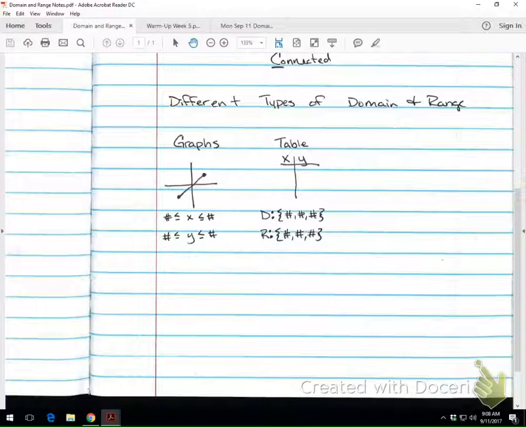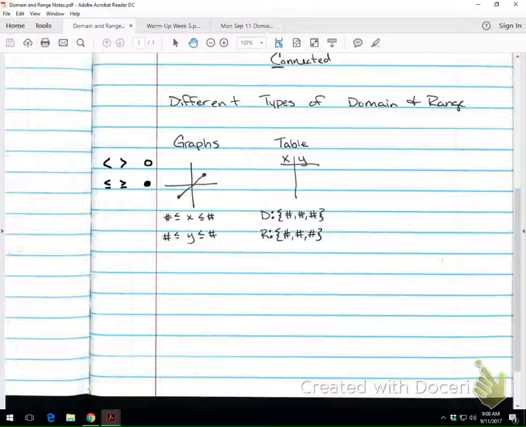Okay, it's going to look something like this. Now, you got to keep in mind, you remember the open and closed? If it was just less than or greater than, it was open. If it was less than or equal to, greater than or equal to, it was closed. Okay, so you got to keep that in mind. Now, if you look, I did a number less than or equal to x, less than or equal to a number. That is my domain.